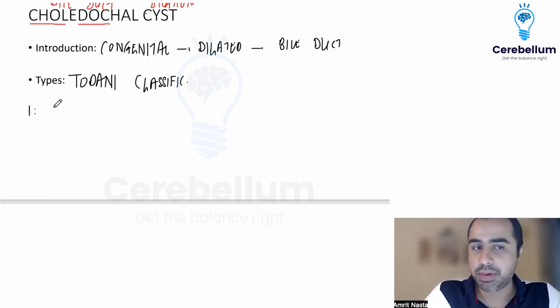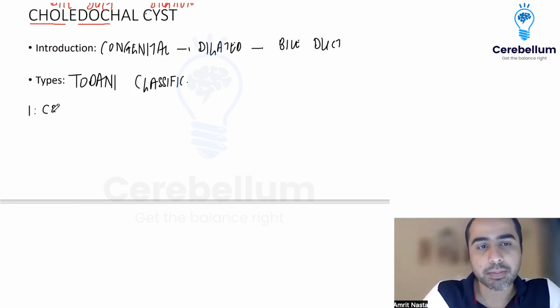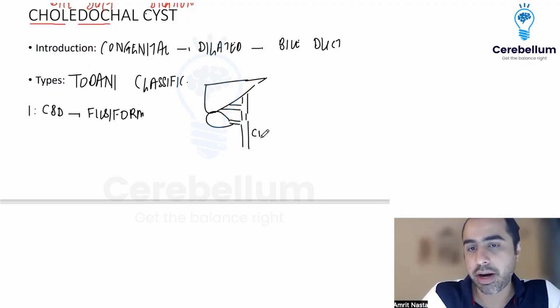So the first type is when the bile duct, the CBD, common bile duct, has a fusiform dilation. Fusiform means like an aneurysm. It will look like this. So if the liver is over here, this is the left duct, this is the right duct, this is the common hepatic duct. Then you have the gallbladder. This is the common bile duct, CBD. Normally it looks like this.